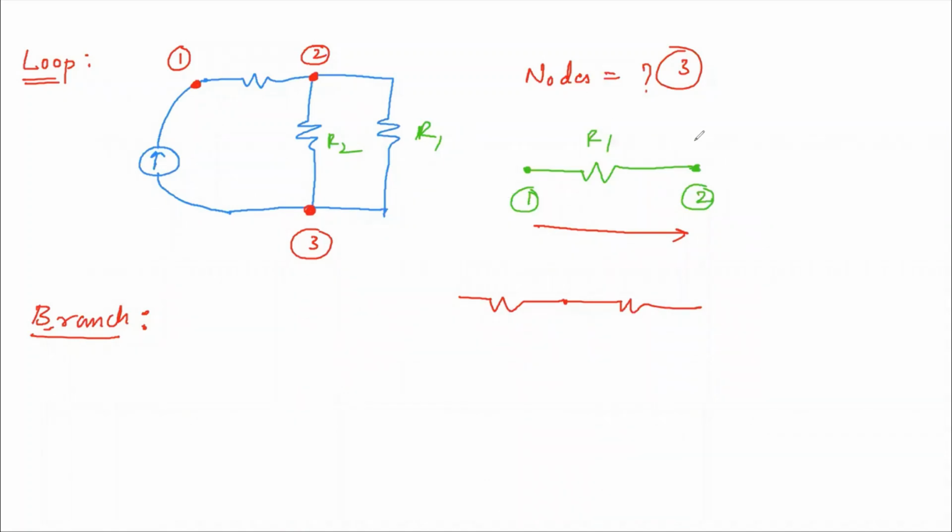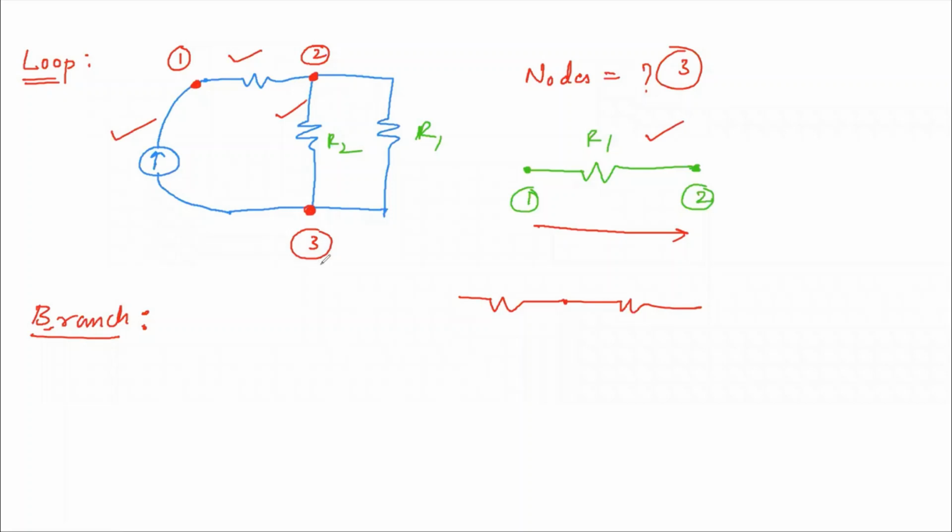Now this is one branch. Take one more element, this is another branch. Take one more element, this is another branch, like that. Understood? Okay. Now, I think you got it. Sir, repeat it again, sir. Yes. Okay.